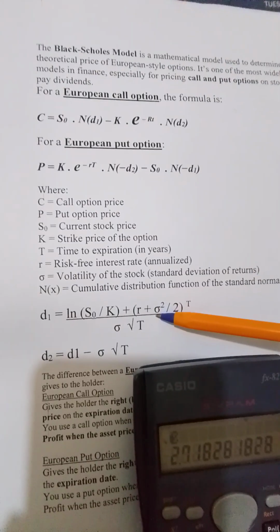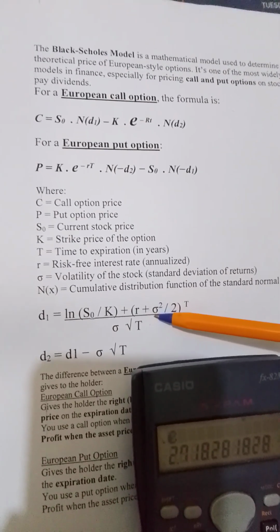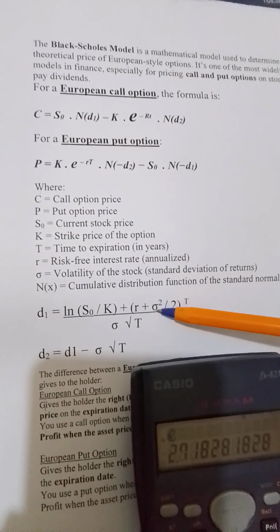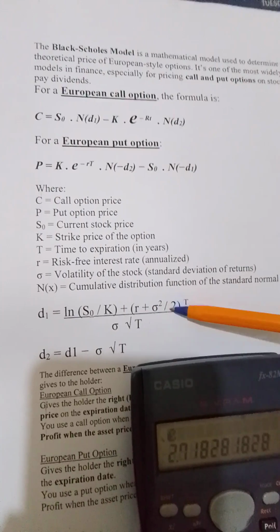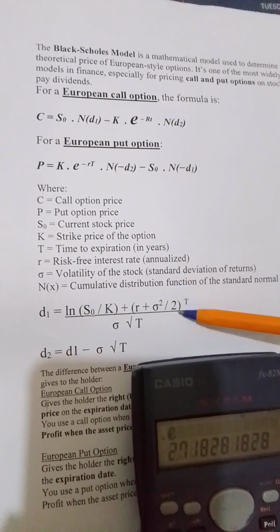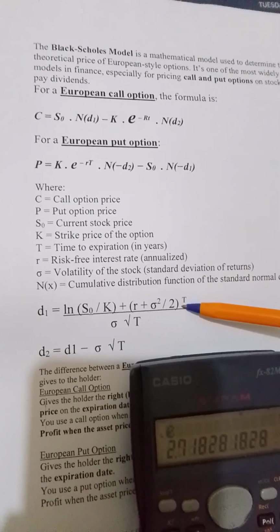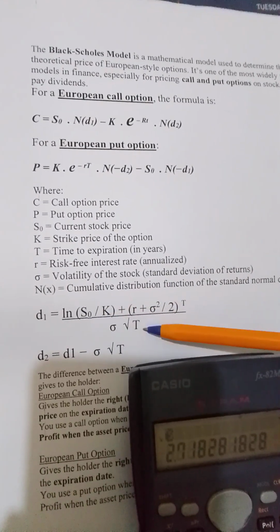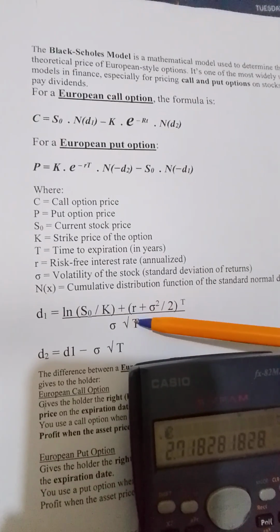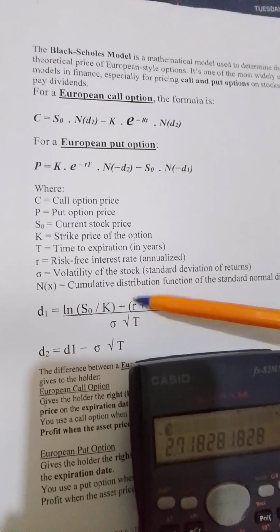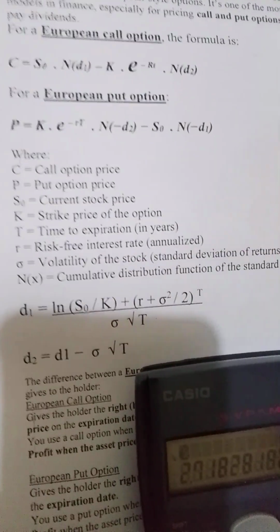You add the volatility of the stock, which is the same as the standard deviation. If you square the standard deviation, you get the variance. So you square the volatility, then you divide by 2, then you multiply by T, the time to expiration. Then you divide by the volatility of the stock multiplied by the square root of the time to expiration. That is how you get D1.